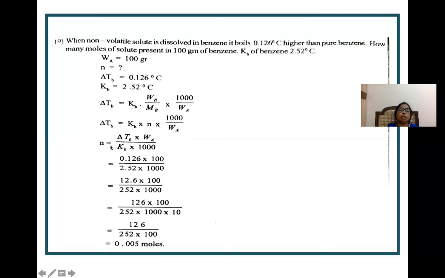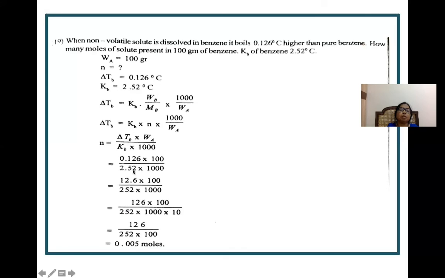So N is equal to, taking N to this side, delta TB into WA divided by Kb into 1000. That is equal to 0.126 into 100 divided by 2.52 into 1000.